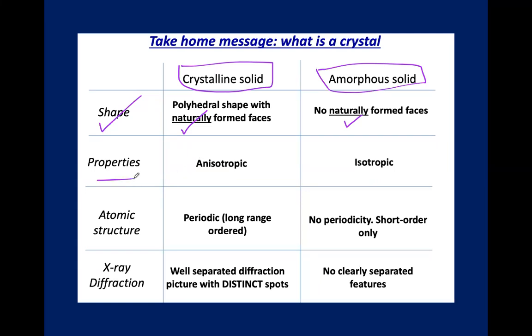And some properties can be anisotropic or isotropic, but actually some exceptions are there. There are some minerals also, some crystals also having isotropic properties, right? So it's better to say both isotropic and anisotropic, but majorly anisotropic for crystalline materials.